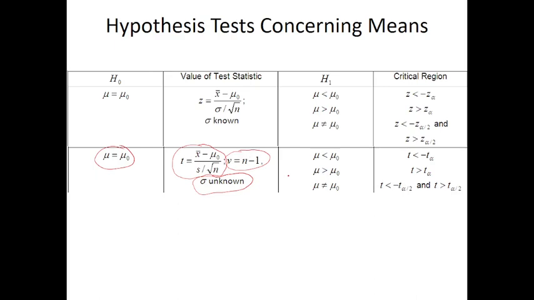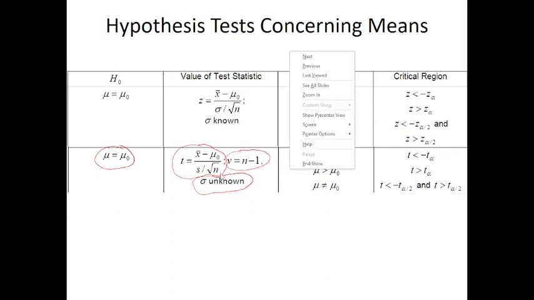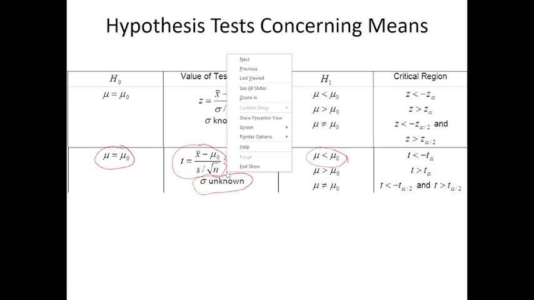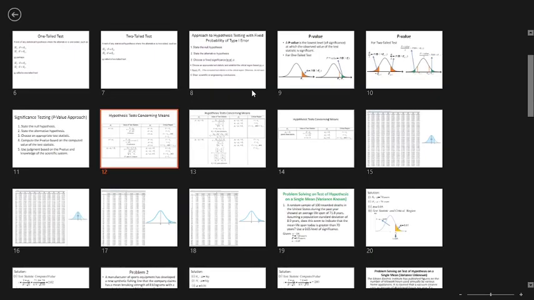So in the problem, we have a one tail test, that is mu not equal to mu sub 0, right? So let's see.